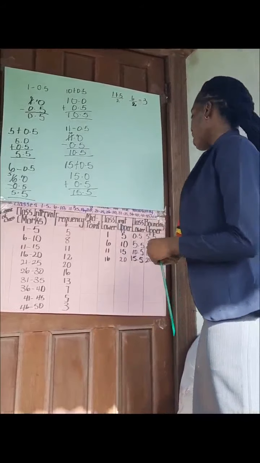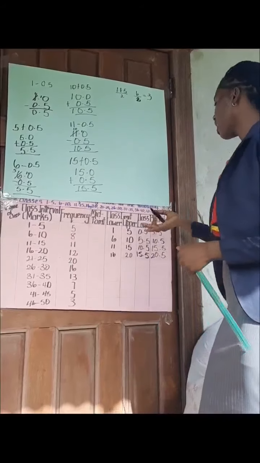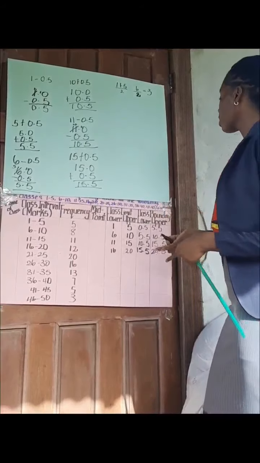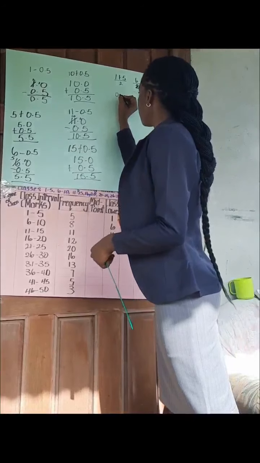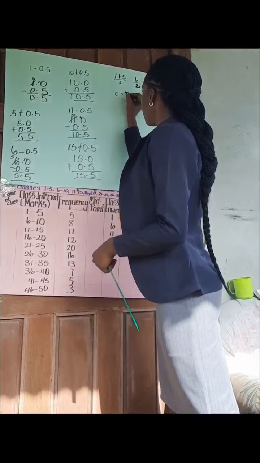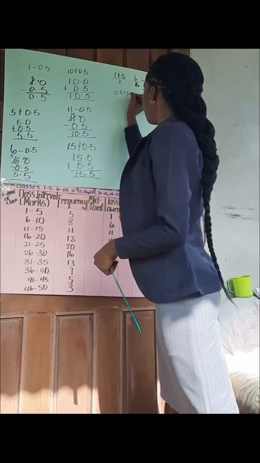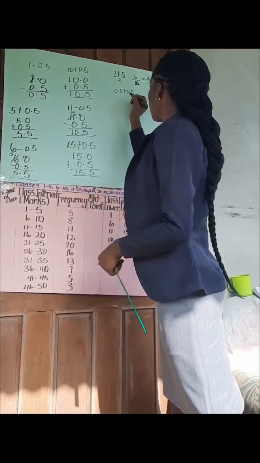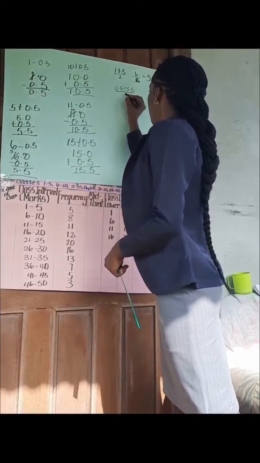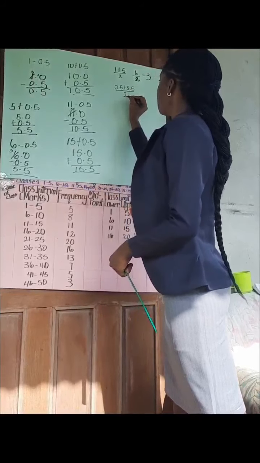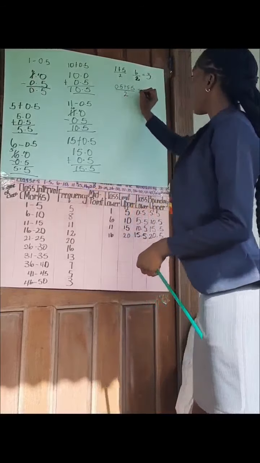if we use our class boundary, we add 0.5 plus 5.5 divided by 2.